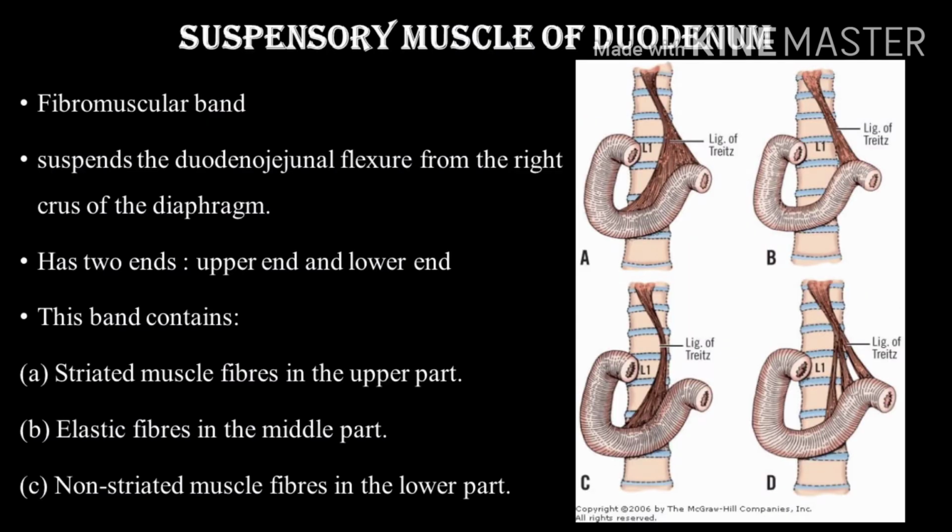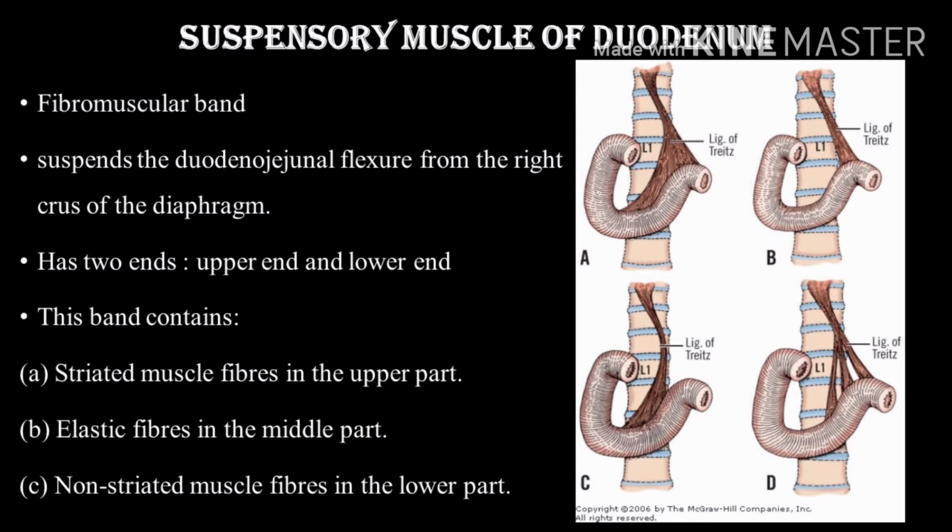Suspensory muscle of the duodenum, also called the ligament of Treitz. It is a fibromuscular band which suspends the duodenojejunal flexure from the right crus of the diaphragm. Its upper end is attached to the right crus of the diaphragm and the lower end attached to the posterior surface of the duodenojejunal flexure.